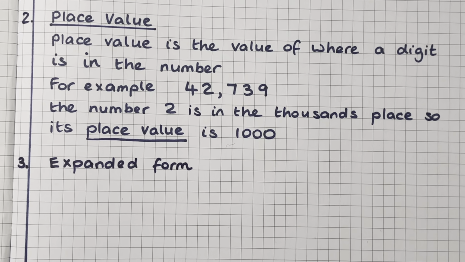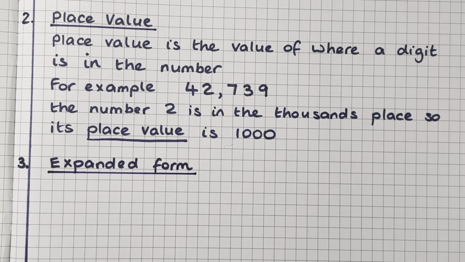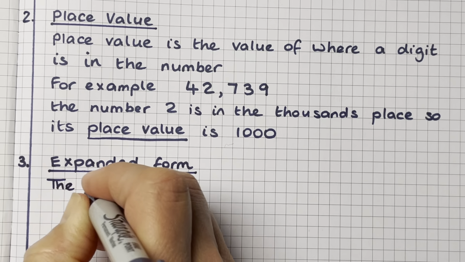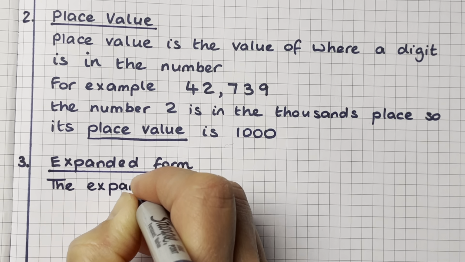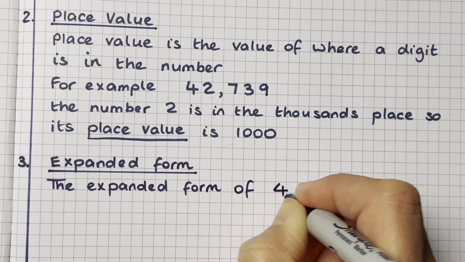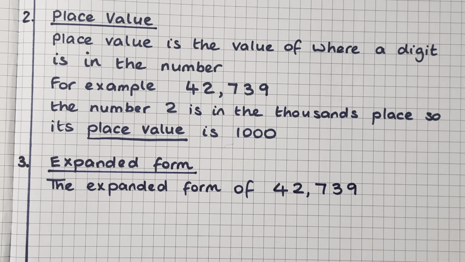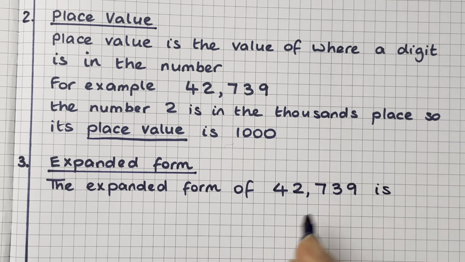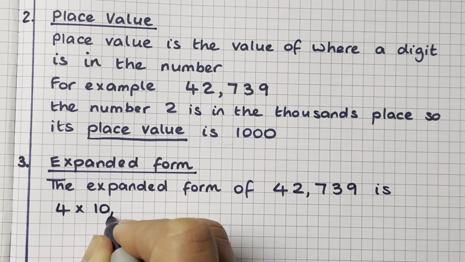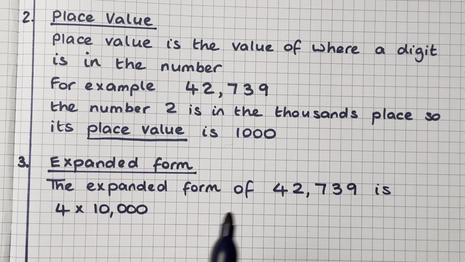Okay, so expanded form. So again, we're going to use the same number. The expanded form of 42,739 is, we have the number 4 in the 10,000s column.